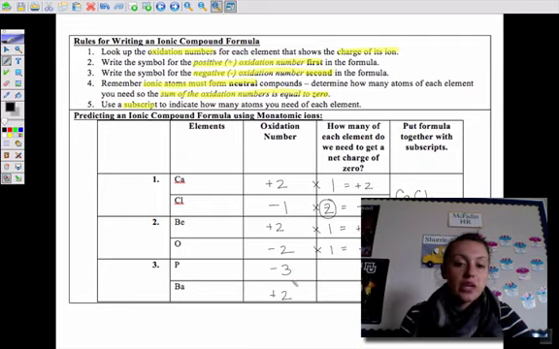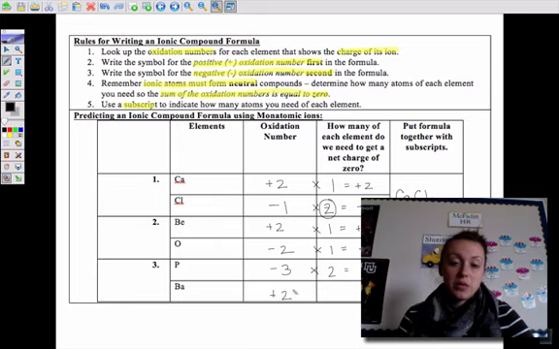Between 3 and 2, I would multiply them together, so the common number here is 6. In order to get to 6 with -3, I have to times it by 2, so that would equal -6. In order to get to 6 with +2, I would need 3 of them, so that would equal +6.